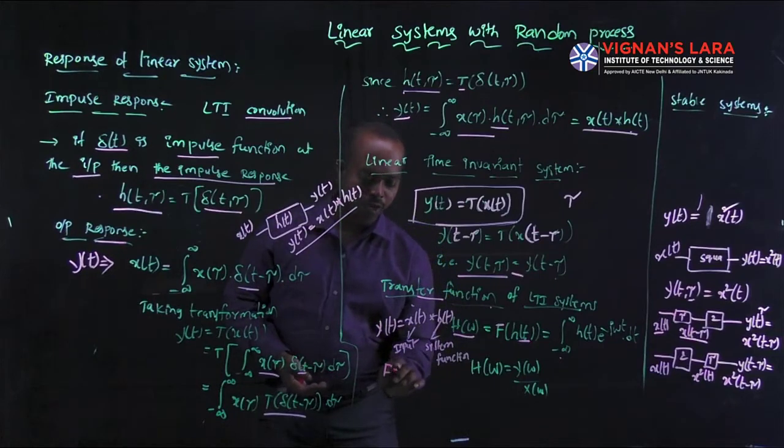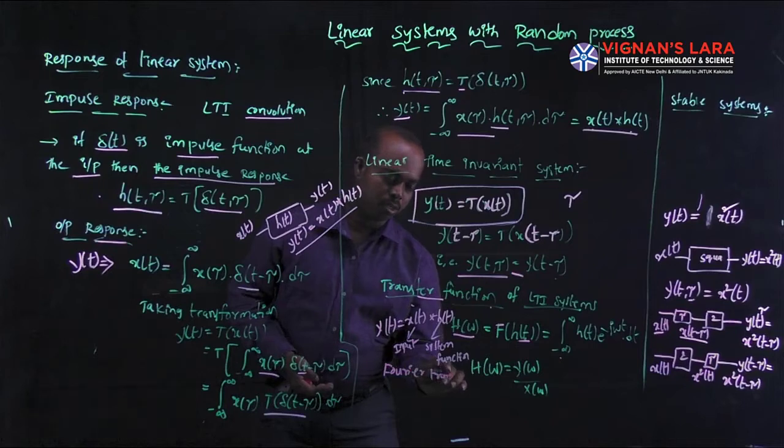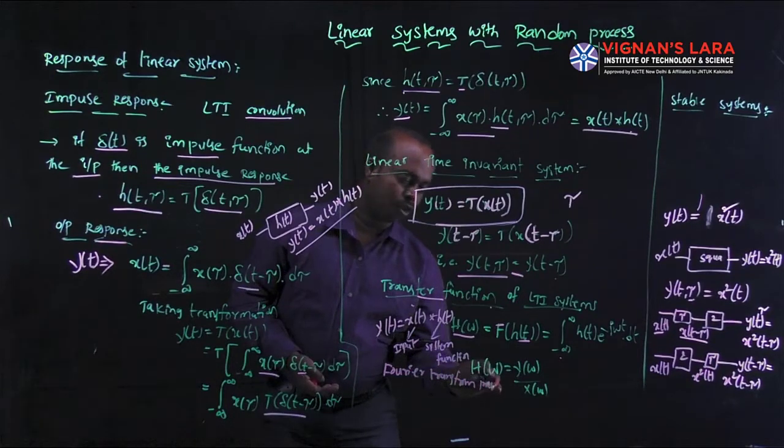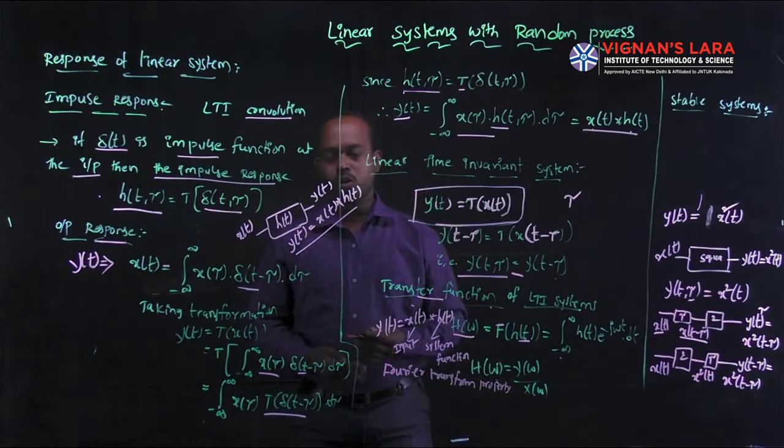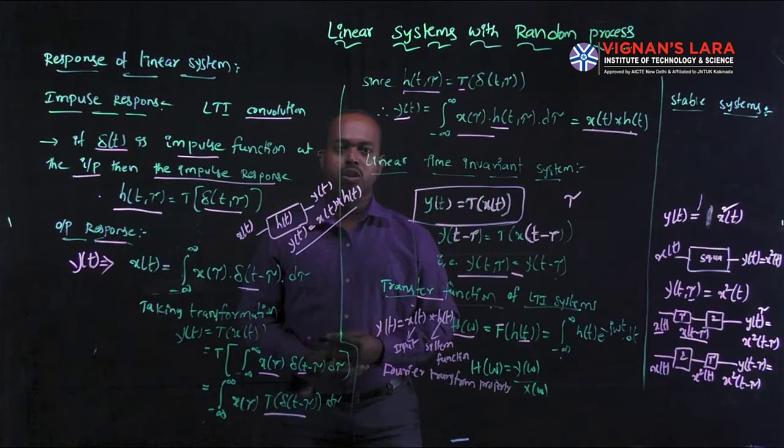According to the Fourier transform properties, the convolution between any two or more signals in the continuous time domain is equal to the product of their Fourier transforms.